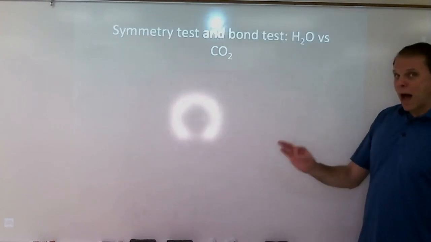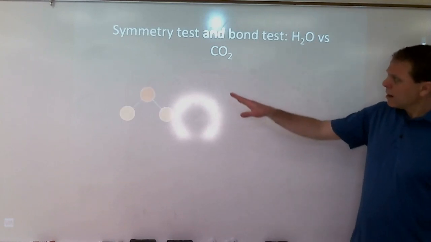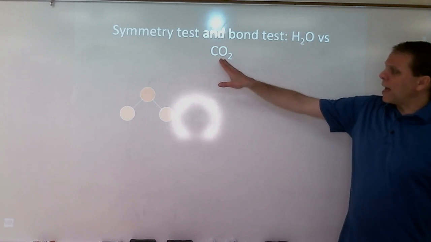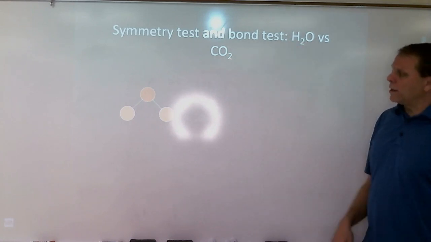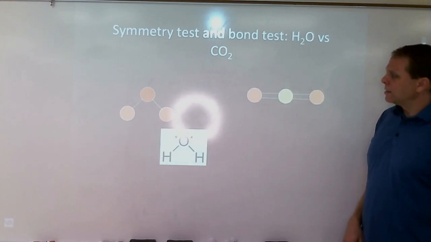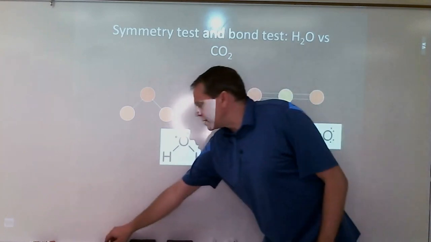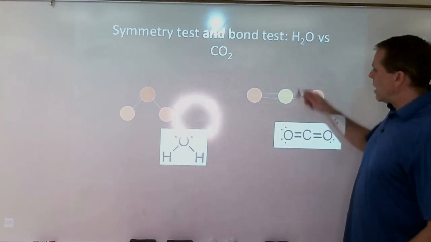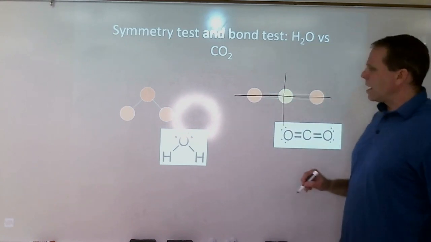Okay, so bond polarity, though, that's different than molecular polarity. Let's talk about the molecular polarity here. As we look at our carbon dioxide, we're going to apply the symmetry test to carbon dioxide and water and see how that pans out. Okay, so for our symmetry test, you can kind of see if I draw a little line down this way, not very straight, and down that way.